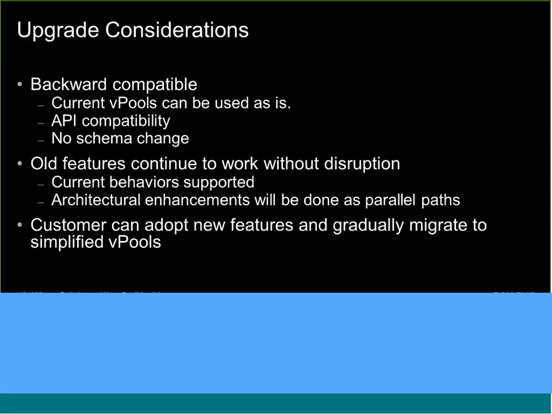We are just extending the same API to do extra work for us, and we are not changing any debug to do this work. All features will continue to work without disruption, so current behavior will be supported as it is, and the architecture enhancement we are proposing will be done in a parallel path, so we don't disrupt anything. And customers can adopt the new features and gradually migrate to the simplified vpool.